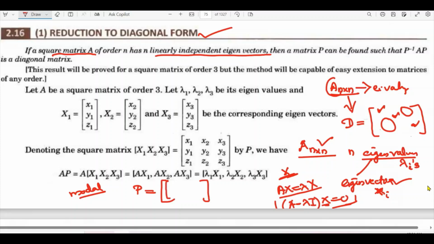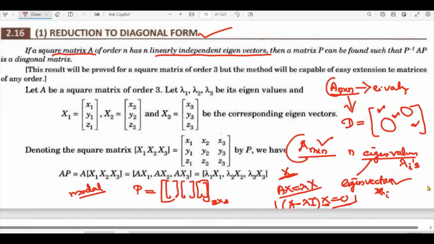This is the eigenvector x1 corresponding to lambda 1, and this is the eigenvector corresponding to lambda 2, and this is lambda 3, and so on. If it is a 3 by 3 matrix, we have lambda 1, lambda 2, lambda 3, 3 eigenvalues, and corresponding x1, x2, x3, 3 eigenvectors. So the modal matrix is 3 by 3. So P is the matrix in which the columns are the eigenvectors corresponding to the eigenvalues of the matrix A.